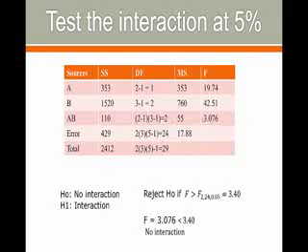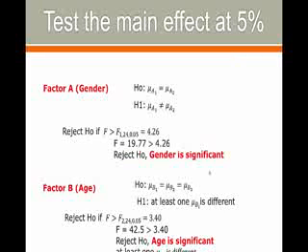So the degrees of freedom for interaction is 2 and the error 24. This is why it is an F 2, 24, 0.05. It's 3.4. I will reject if the F that I have in the table, 3.036, is greater than 3.4. It is less. There's no interaction. Now at 5%, I know I have no interaction. This is good.